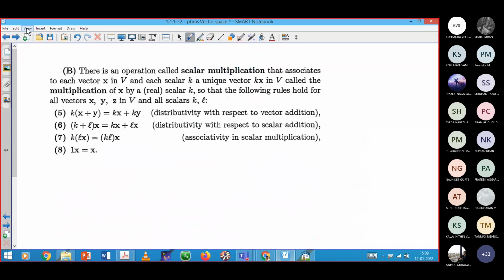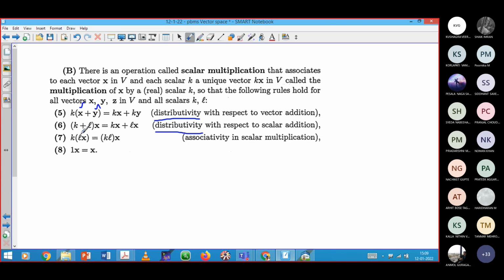For scalar multiplication, again it comes with another set of four properties. What are the four properties? The first property is the distributive property with respect to vector addition. Why is it called that? Because here you use two vectors and one scalar k.